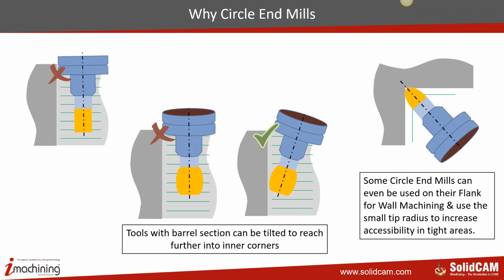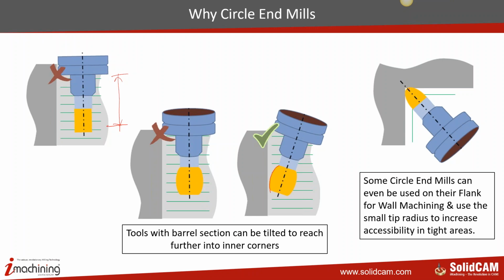The next advantage, like I mentioned in the very first slide, is that when you're machining deep surfaces, you tend to get the tool height restriction. With a barrel tool, you can simply tilt the tool and yet generate a very small cusp by using a higher depth of cut or higher step over.